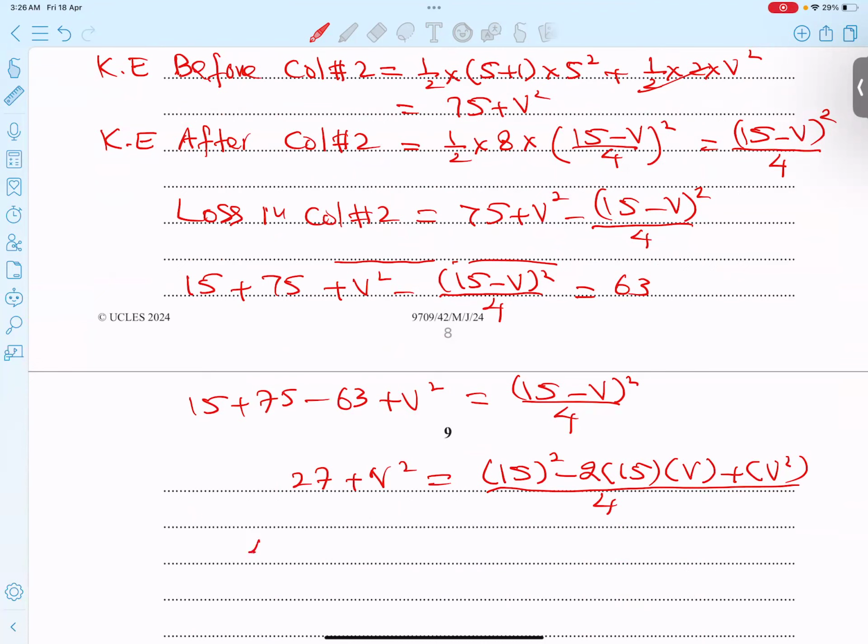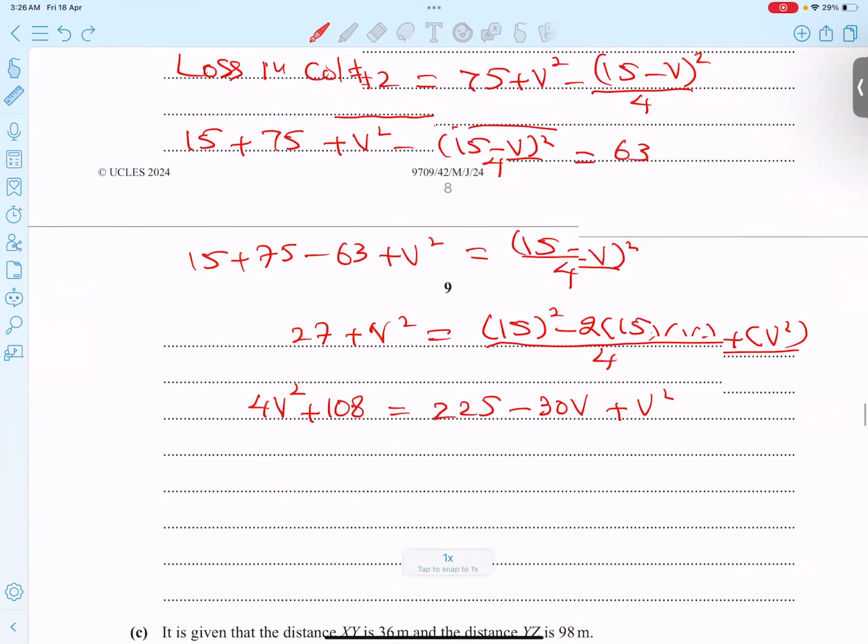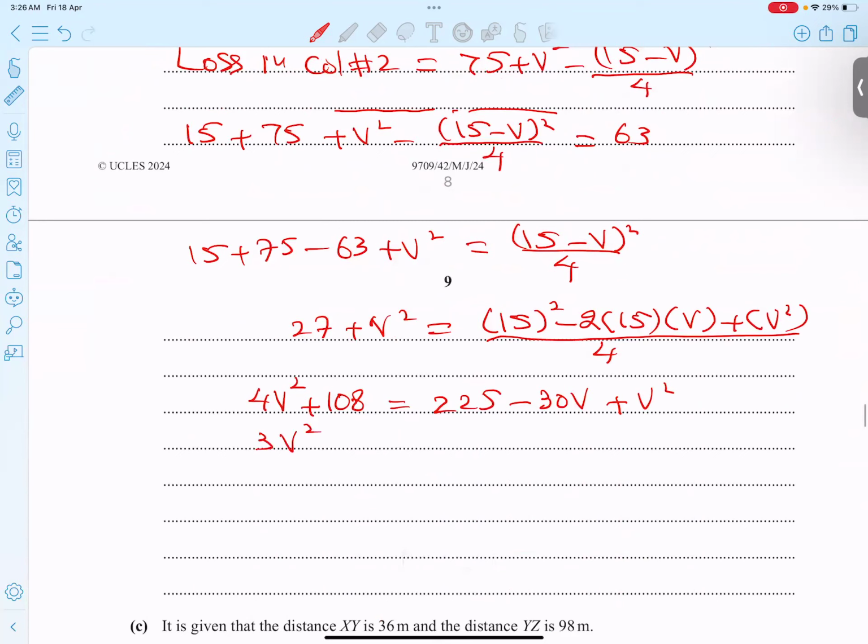So I'm getting 4v squared plus 108 is equal to 225 minus 30v plus v squared. v squared comes and subtracts from here, and we get 3v squared. 30 will come here, become positive 30v.